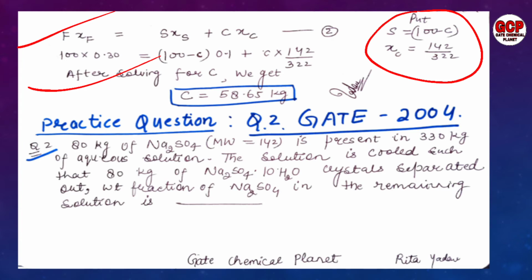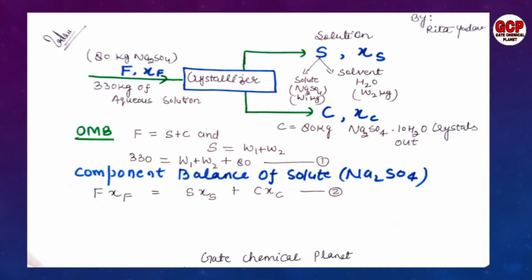On the basis of the given information, first we will draw the block diagram. The amount of feed is already given, which is 330 kilograms of aqueous solution, and the salt present in the feed is 80 kilograms. On the solution side we have the solute and solvent present in the solution.